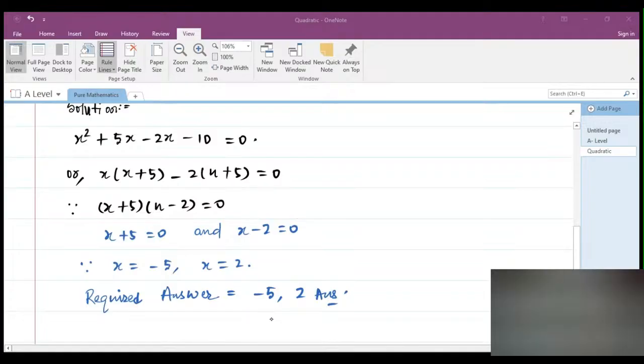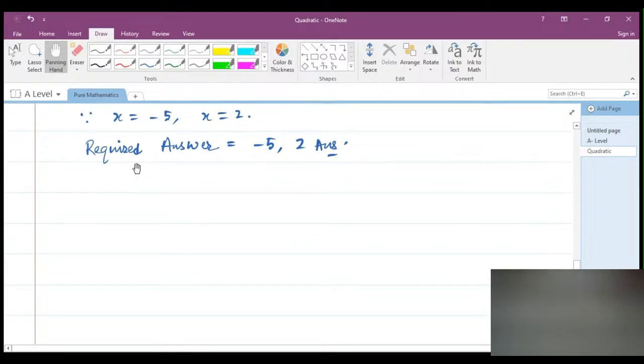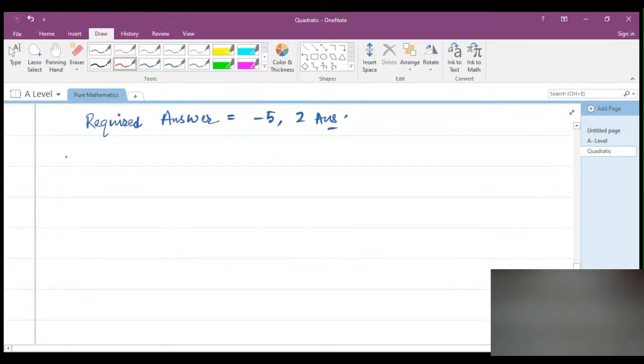Let's see the next question. X squared minus 7x plus 12 equal to 0.